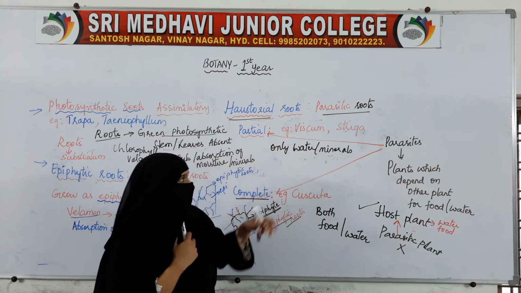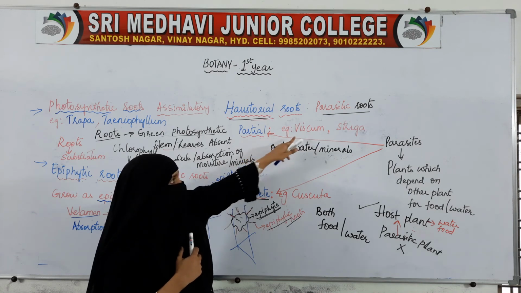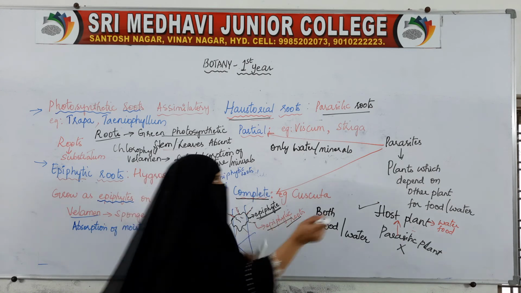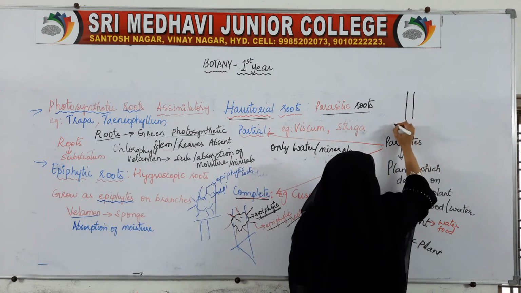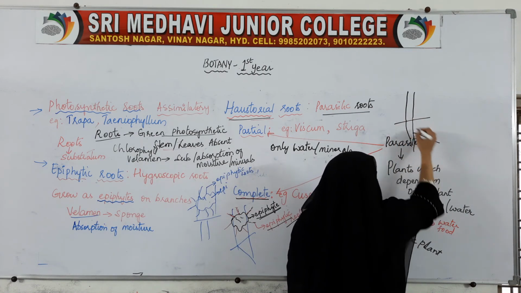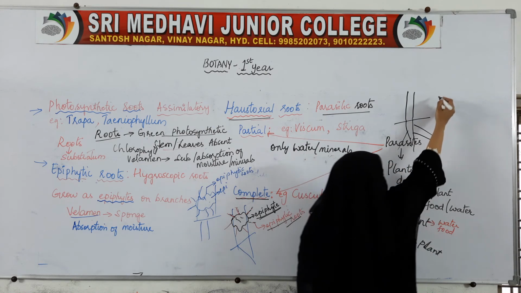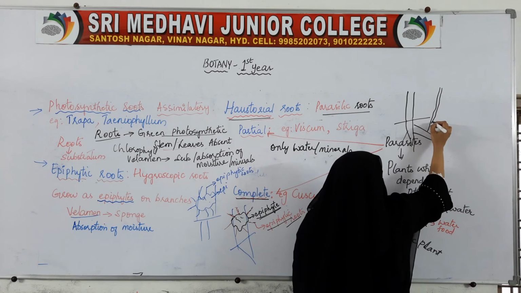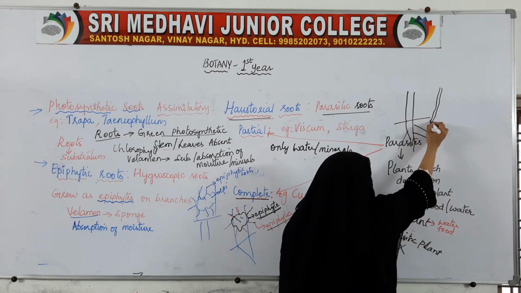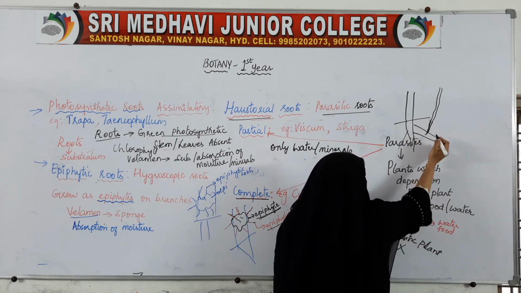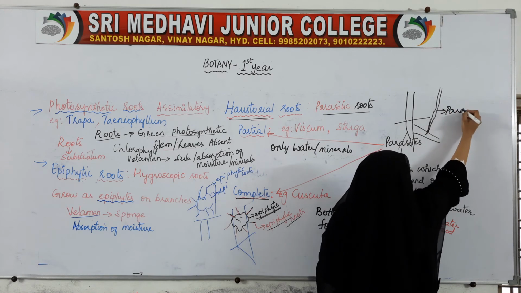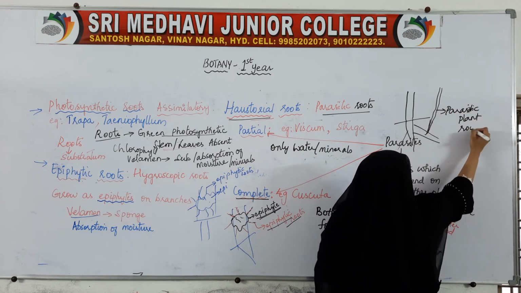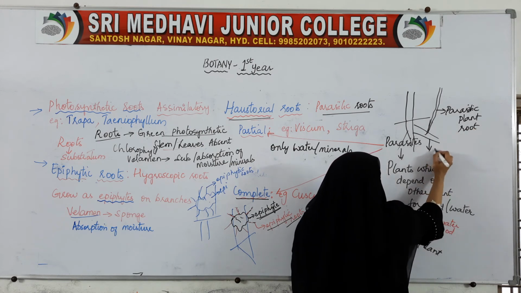Examples of partial parasites are the Viscum plant and the Striga plant. For example, this is the root of the parasitic plant, and this is the host plant.